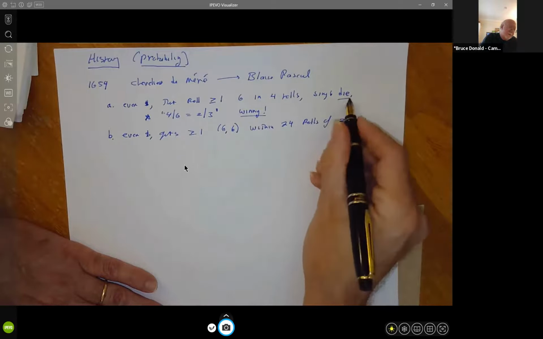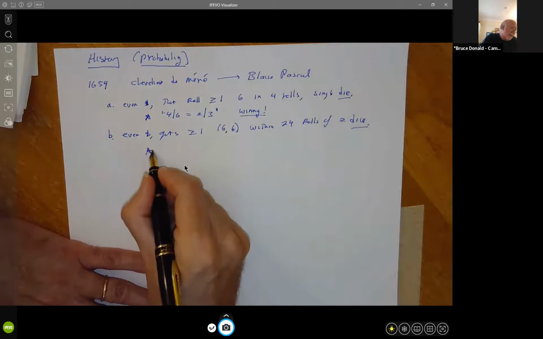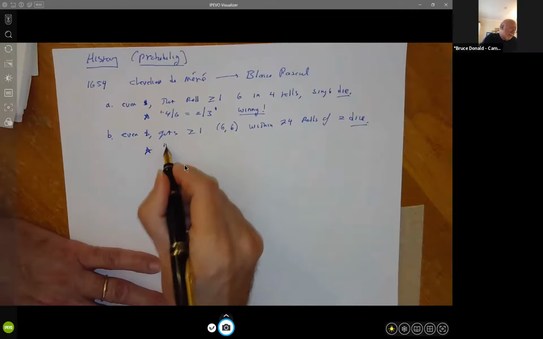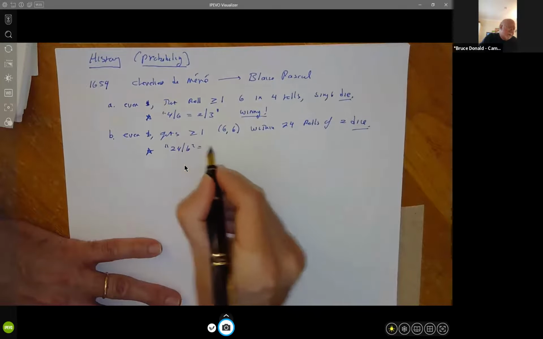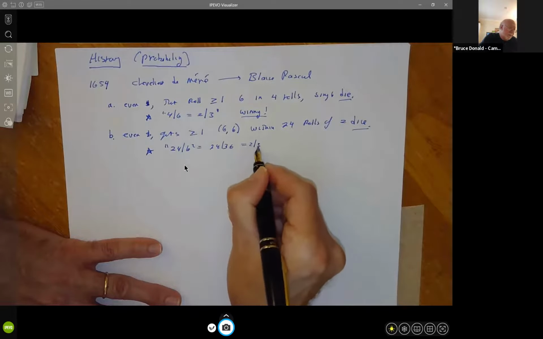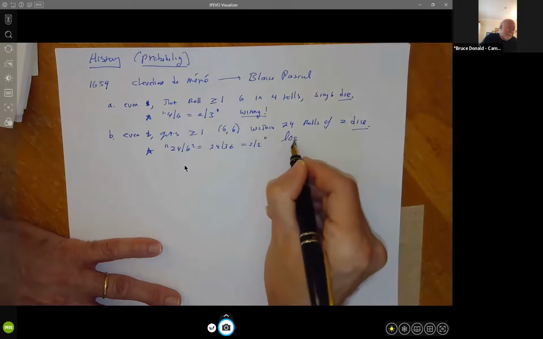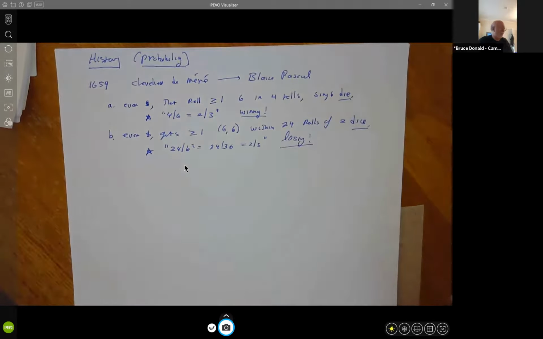Remember, singular and plural. And he claims to have what he calls the same advantage. He claims that what he'll get here is 24 divided by 6 squared, which is equal to 24 over 36, which is equal to 2/3. But now he's losing money, hand over fist. So what is going on here?